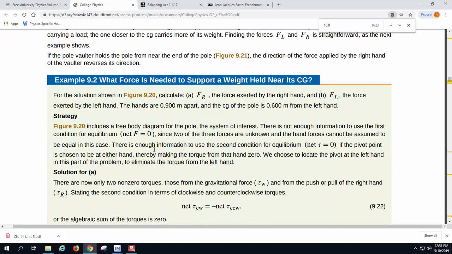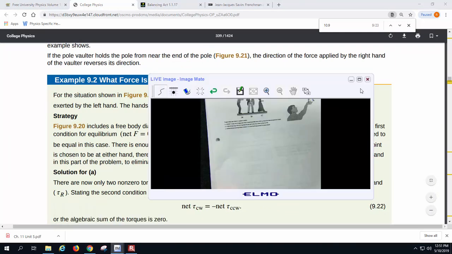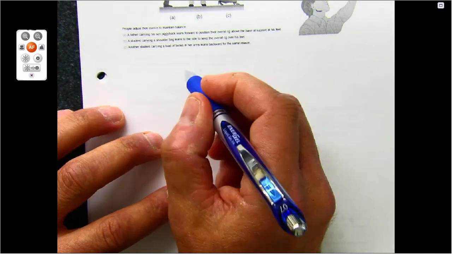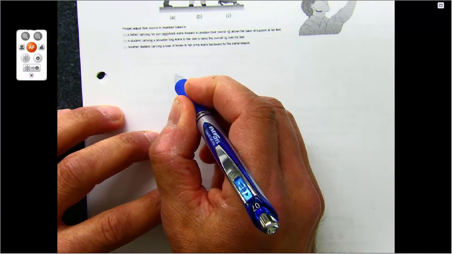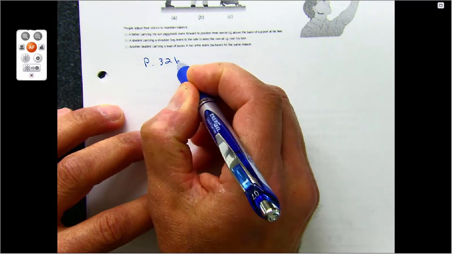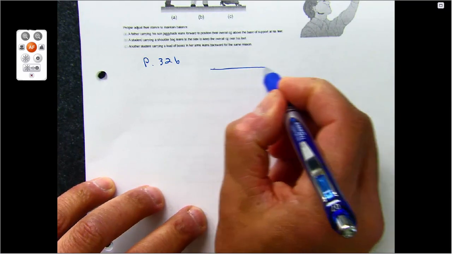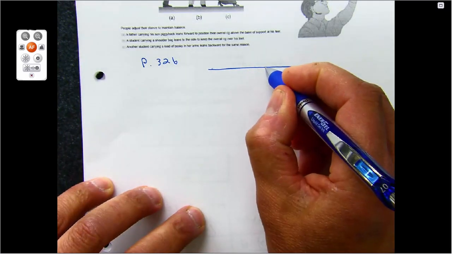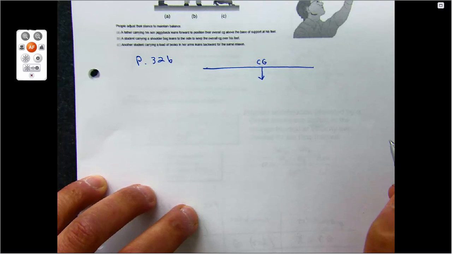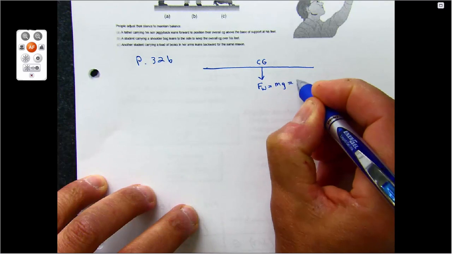So I want to do this problem here to finish us off. And then this will pretty much, I'll be happy. So I'm just going to draw this out of what this looks like. So this is page 326. It looks like this. This is the center of gravity of that pole. It's the force of weight down, mg.